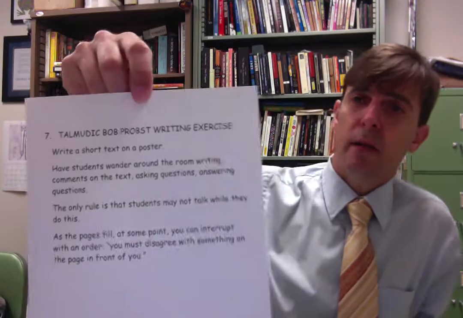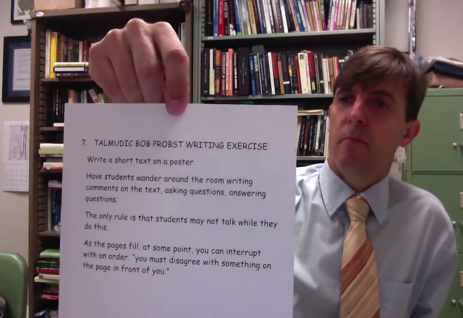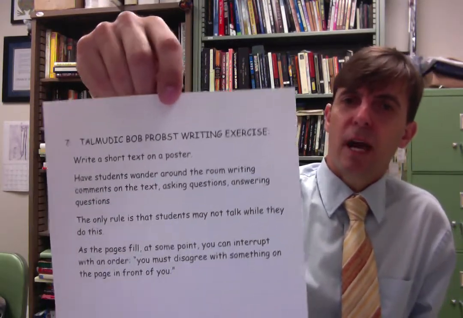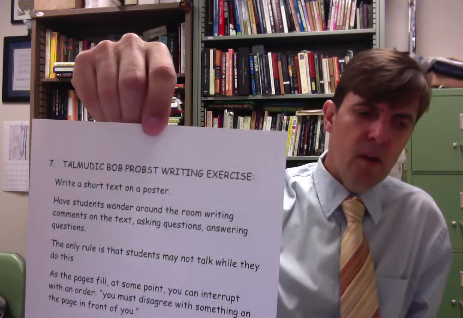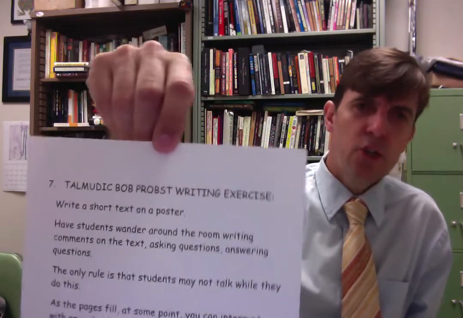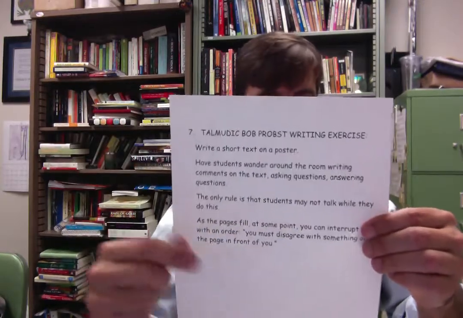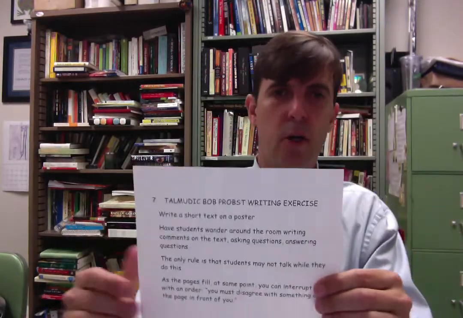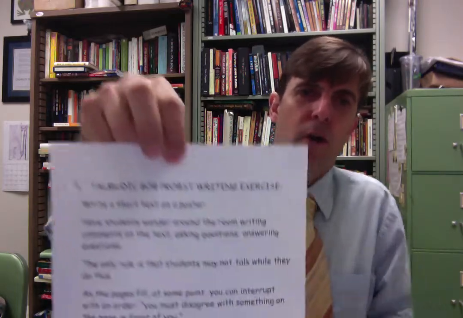Then, another way to make their writing better is to use this fabulous Talmudic technique from Bob Probst. There's a writing exercise. I've used it many times. You take a short piece of text, you put it in the middle of a paper, you put that on a poster or whatever, put that on the wall, then you have students just wander around the room and start writing on that.